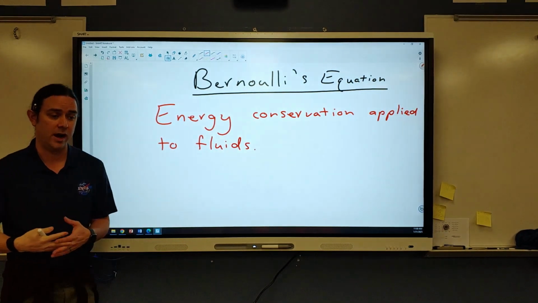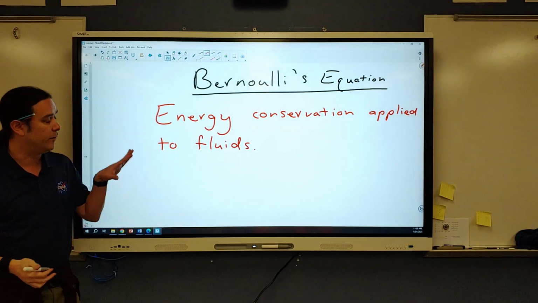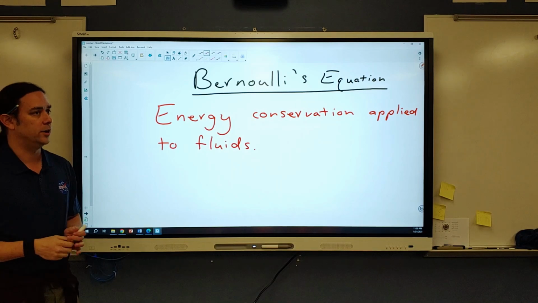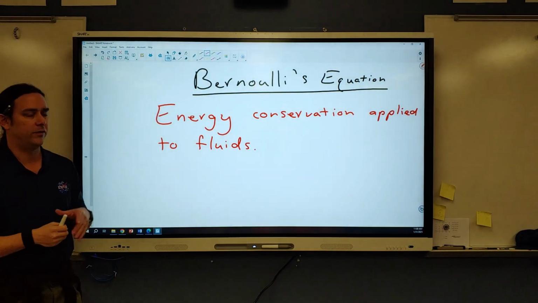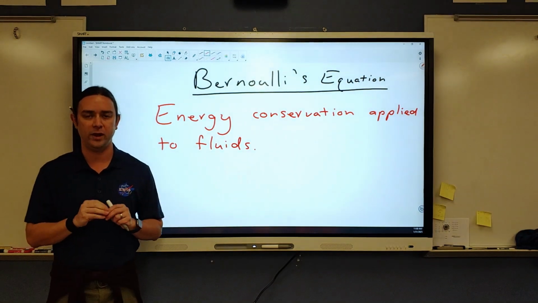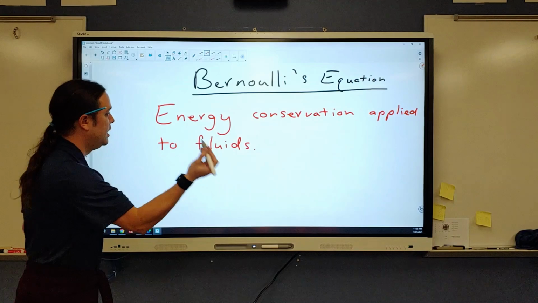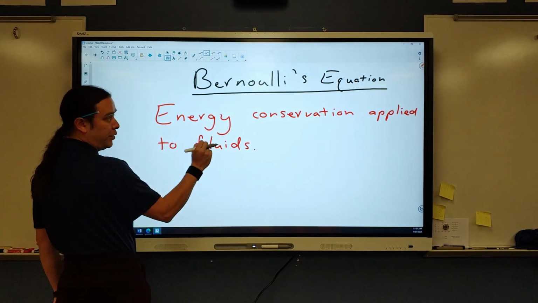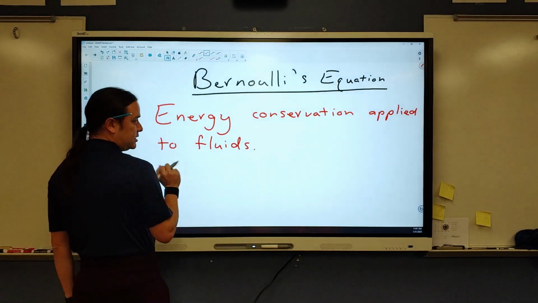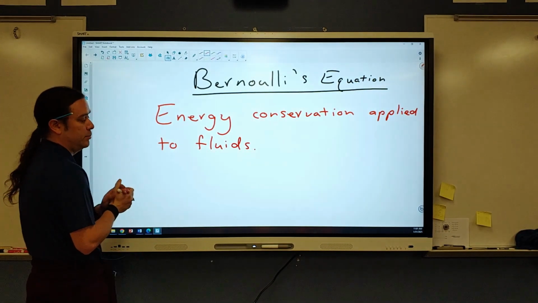As we're going to see in our analysis, we have the ability to apply this in multiple ways. However, we apply it to one set of fluid that's directly connected, so that we have a constant value, a quantity that applies to all parts of that connected fluid. That's the other part of my definition. So broadly, when you think Bernoulli's equation, the most thorough way of describing it is energy conservation applied to fluids.